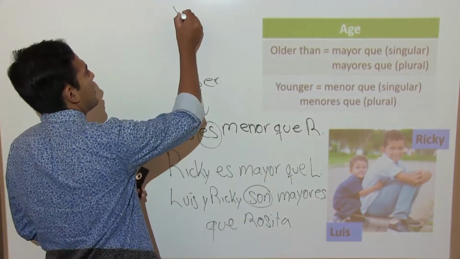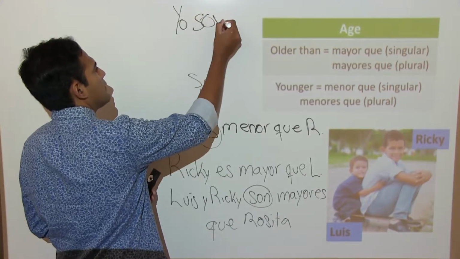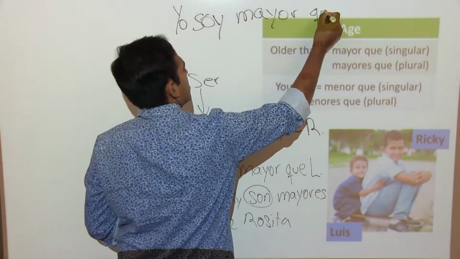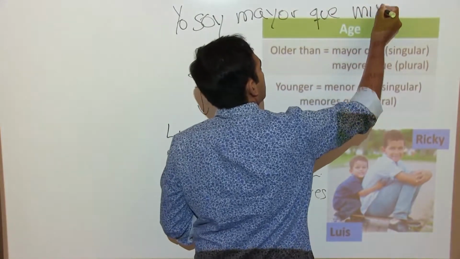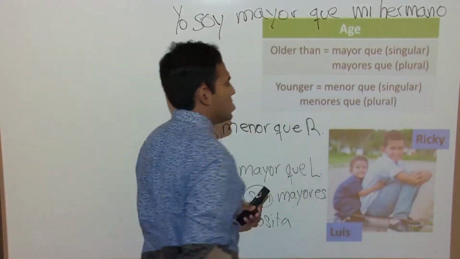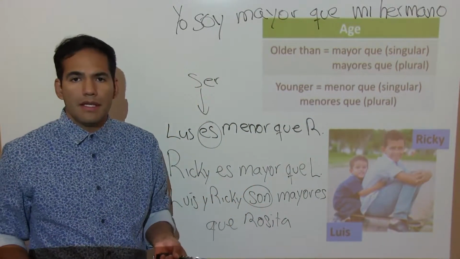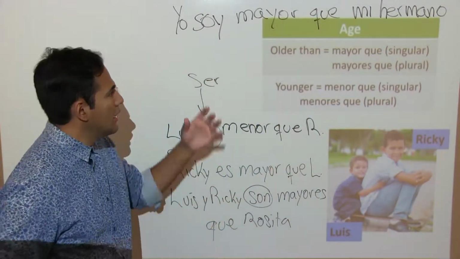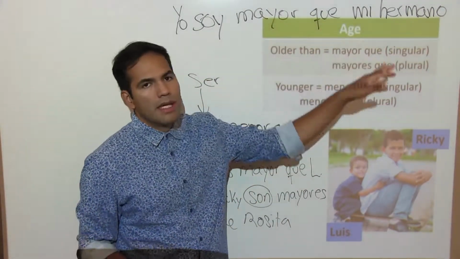So I would say, yo soy mayor que mi hermano. Okay? So that's another way that you could say that. Yo soy mayor que mi hermano, or if I was younger, yo soy menor que mi hermano.